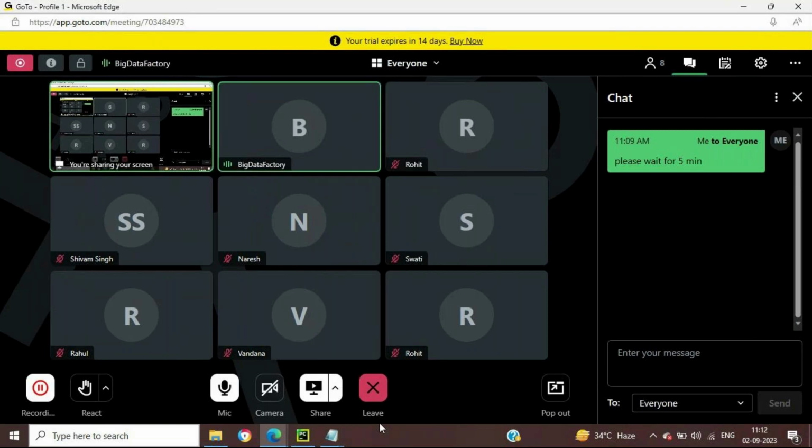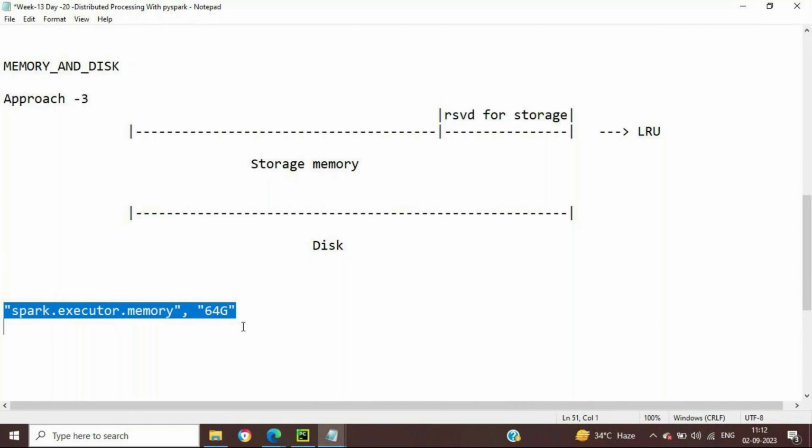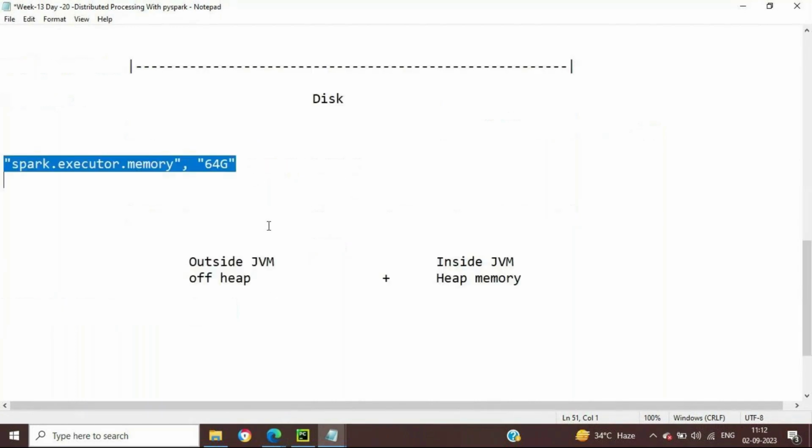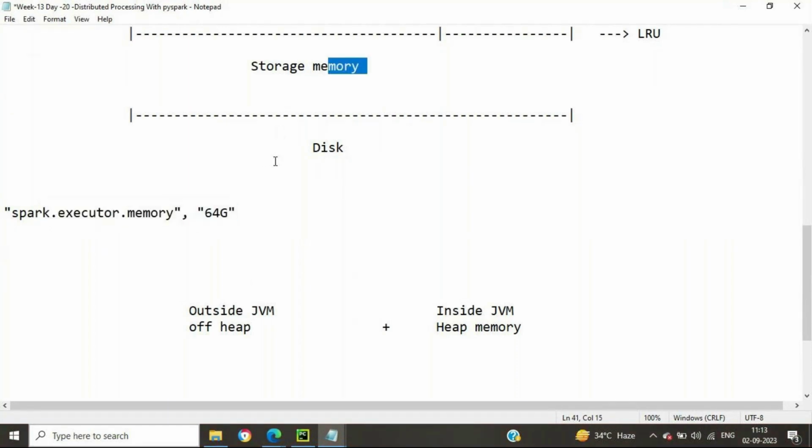So we were discussing storage memory and execution memory. Once we mention 64G, it is not that this is utilized for storage memory or executor memory; there is a certain other calculation.